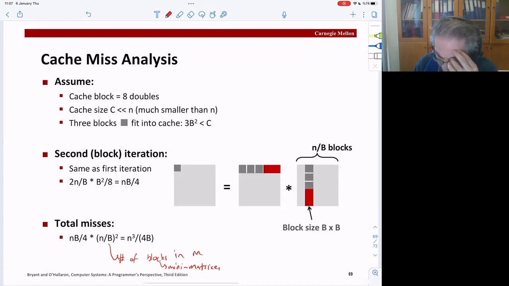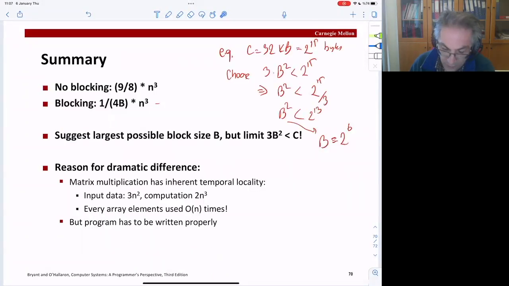So I multiply this with n over b squared, and the result is n cubed over 4b. So you can see that if I did no blocking, the number of misses would have been 9 over 8 n cubed. And if I do blocking, it will be essentially n cubed over 4 times b.